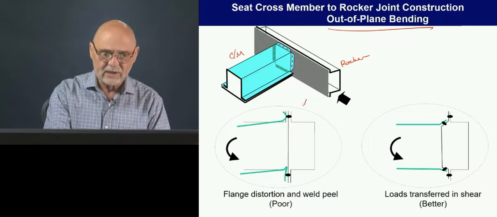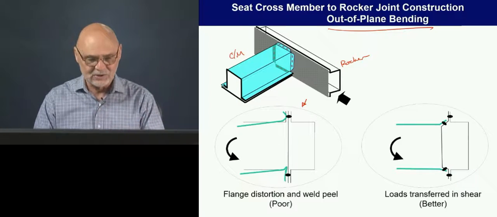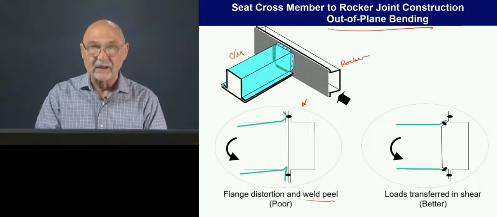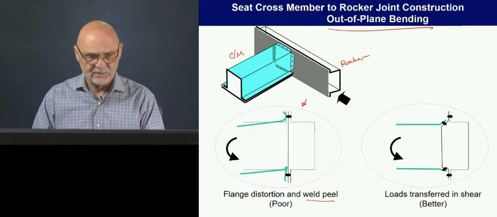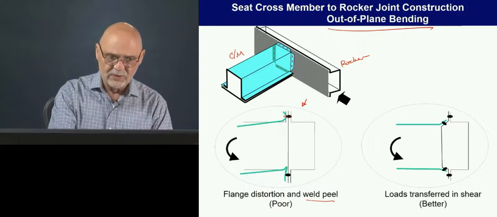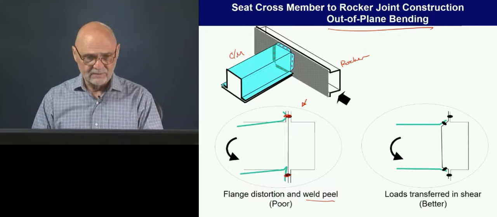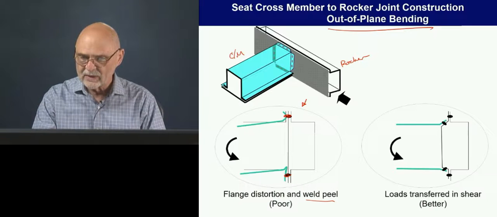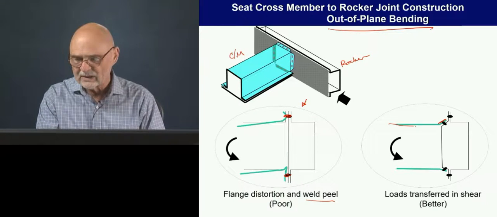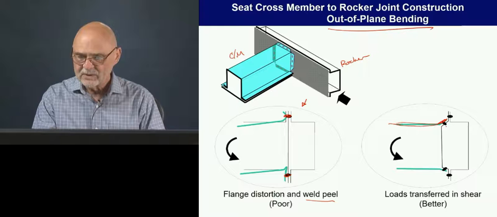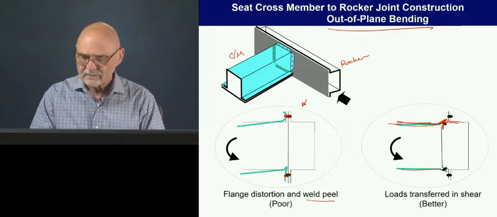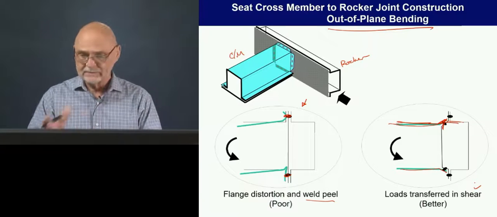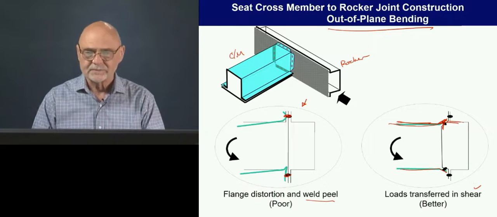So this is kind of one way to do this, and we kind of visited this earlier when we were looking at good welding principles. So this was the one with the weld in peel, so not a very good joint. Here they've kind of tried to align the shear walls between this section and this section, so we get a much better joint as well.